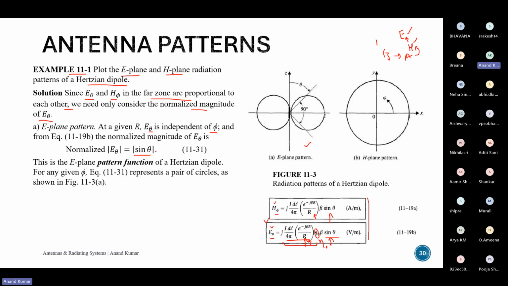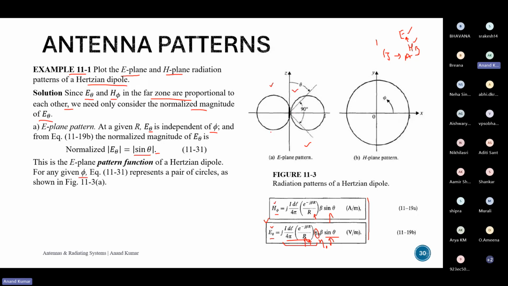If you plot the sine theta value for different values of phi, basically this sine theta is a locus of concentric circles, and this is what you would end up with.